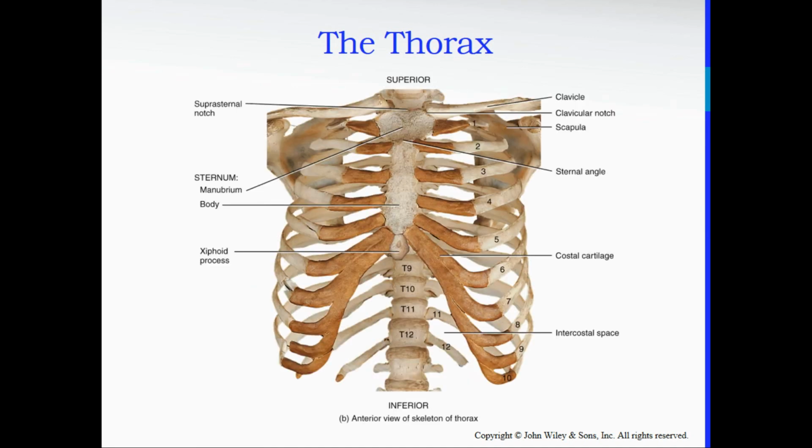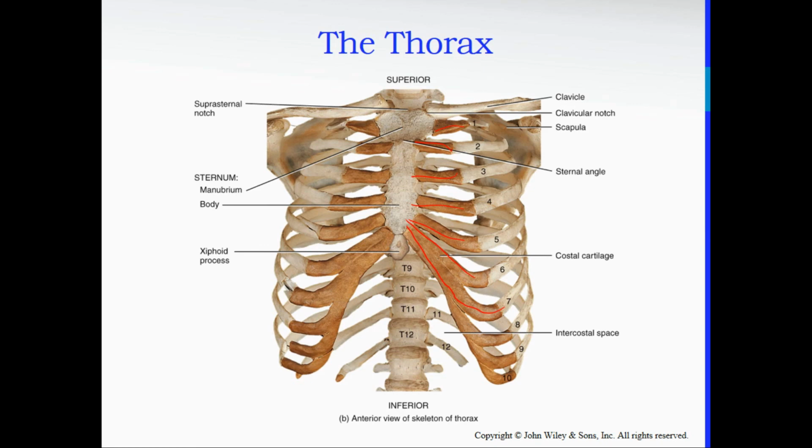And here we see the numbering of the ribs. Remember, you have 12 pair or 24 total. The top 7 are referred to as true ribs because they all have their own piece of cartilage that attaches them to the sternum. 6 and 7, you can see right there, it comes all the way up.